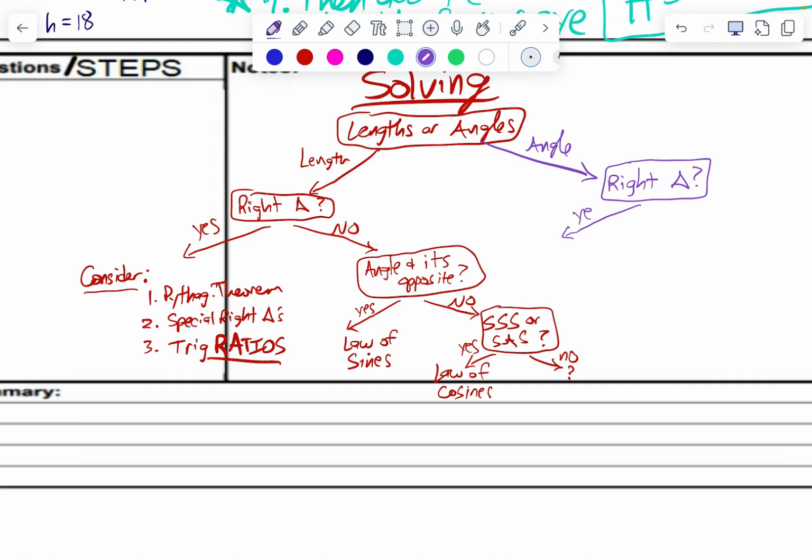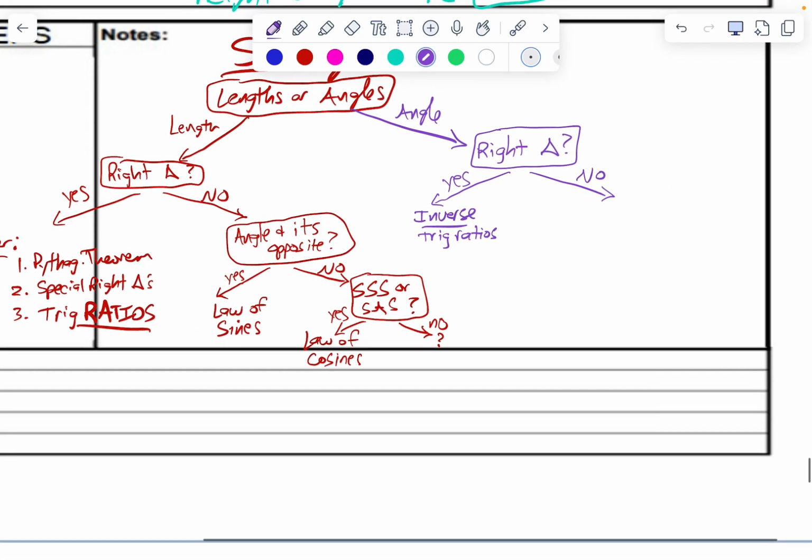If it's yes, we only have trig ratios, or not only, but that's what I would recommend. But in fact, let's put inverse trig ratios so we don't forget that. Inverse trig ratio. Okay. If it's not a right triangle, what do we have?